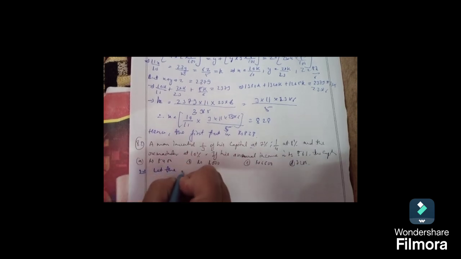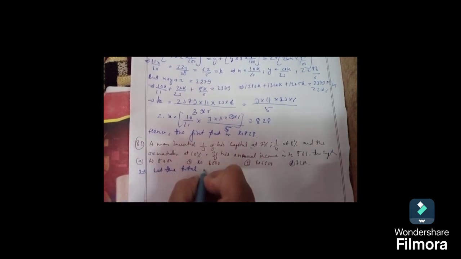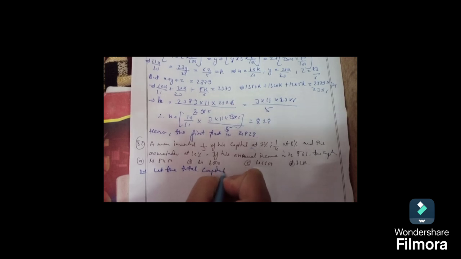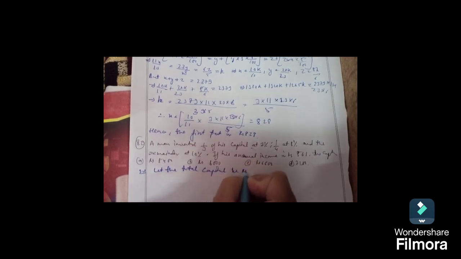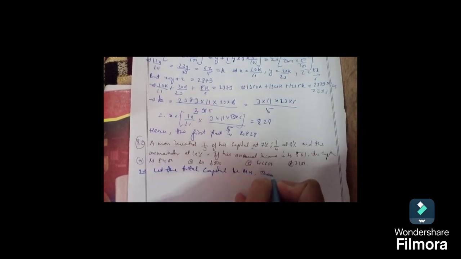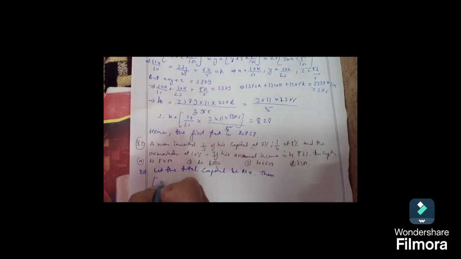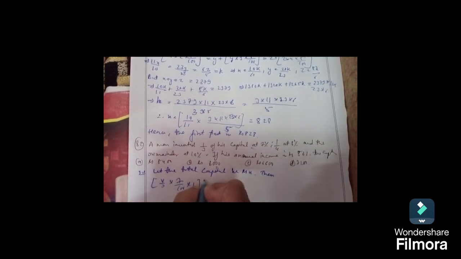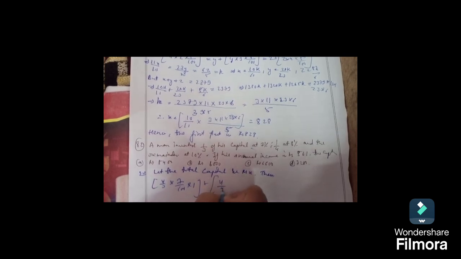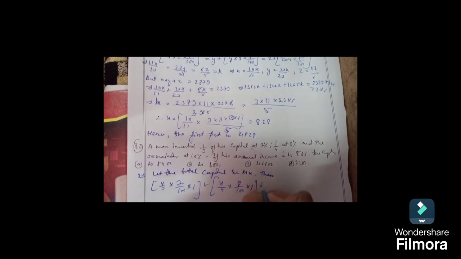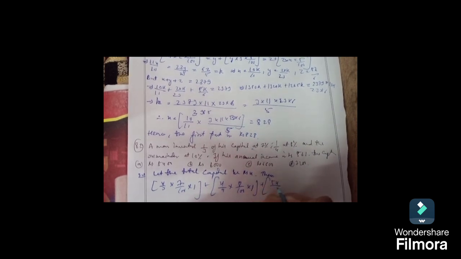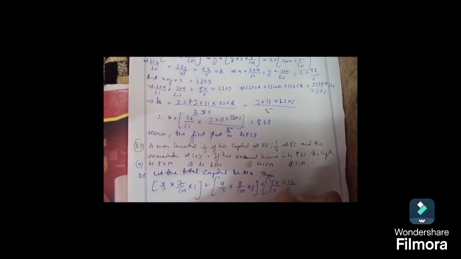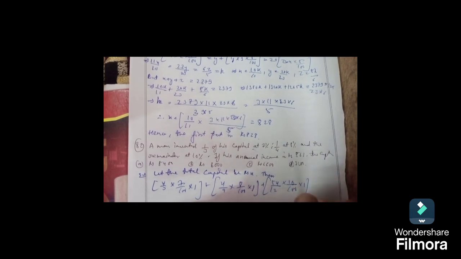Let the total capital be rupees x, then x by 3 into 7 upon 100 into 1 plus x by 4 into 8 upon 100 into 1 plus 5x upon 12 into 10 upon 100 into 1 equals 561.